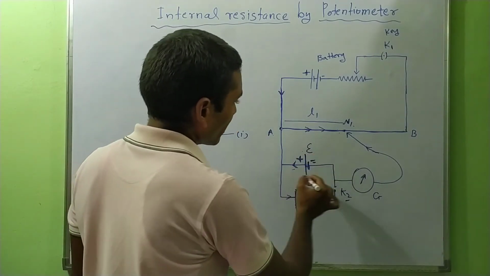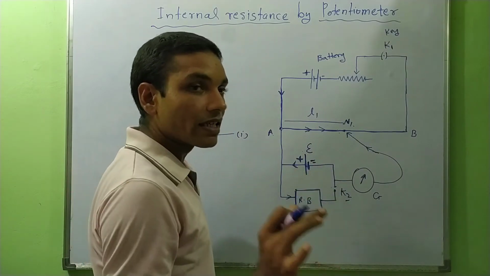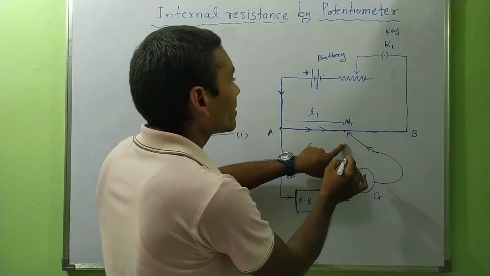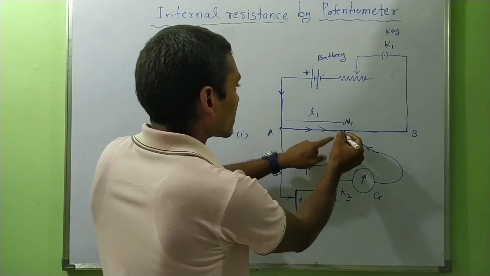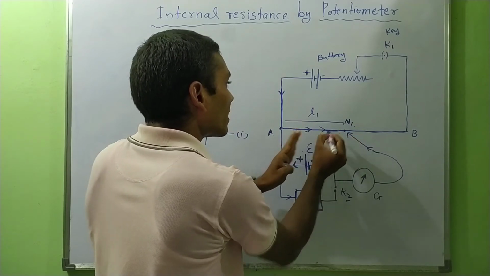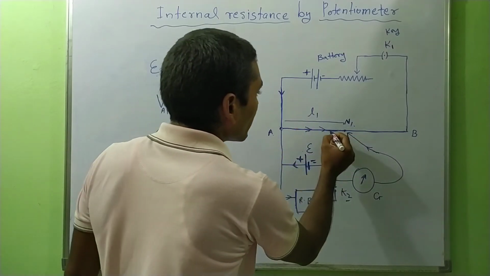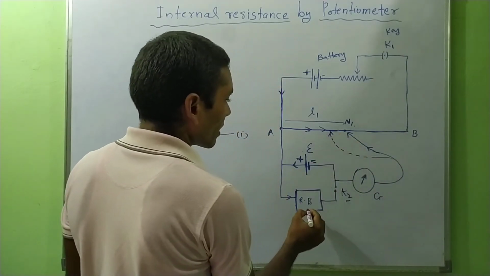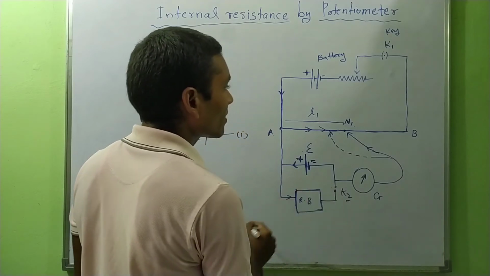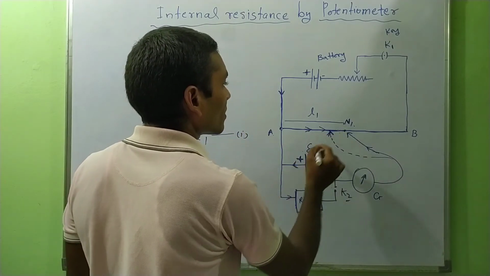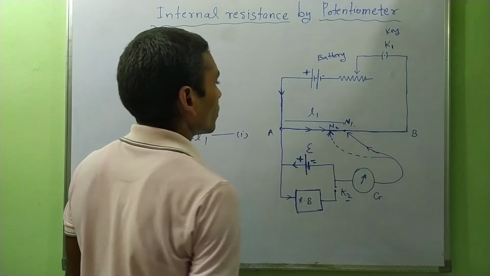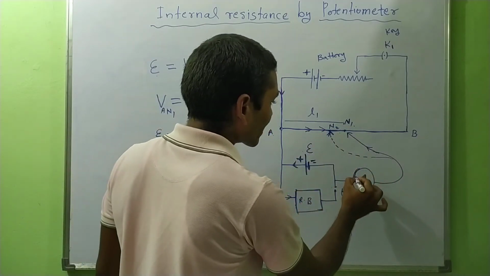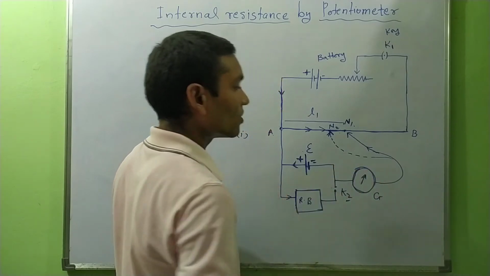Because this potential difference between the two terminals is decreased, the balancing point will shift along this direction. Let the balancing point, when the resistance box is also in the circuit, be N2. At this point the deflection in the galvanometer is 0.